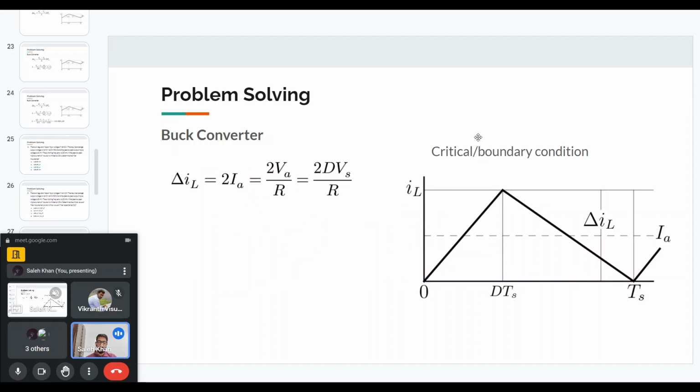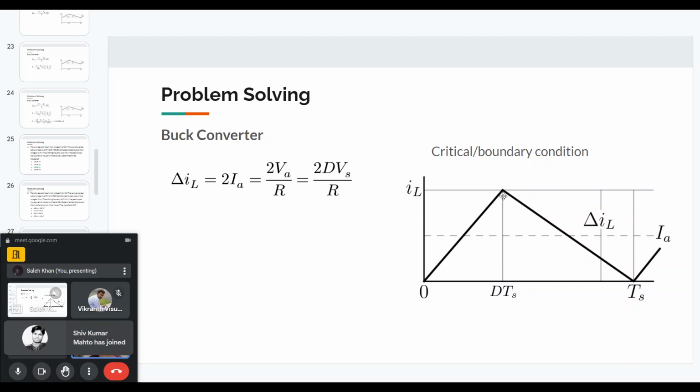The critical condition or the boundary condition means that the inductor current basically starts from zero, goes to a peak value and then comes back to zero. For the normal CCM case, the inductor current will start from some positive value and then come back to that same positive value. But here it is starting from zero and then coming back to zero.